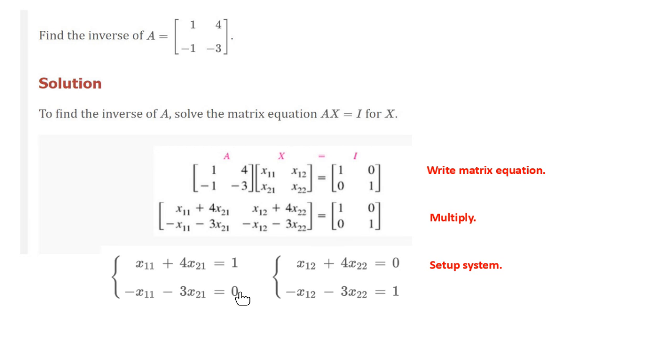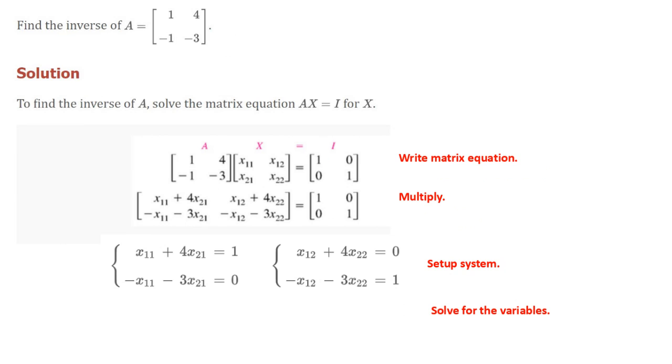And so I put the 0 here. Then I'm going to use this part right here with the 0 to make this equation. And then this part of the equation with the 1 to make my second equation. So basically you have two systems now, and you can use anything from chapter 7 to solve for the variables.